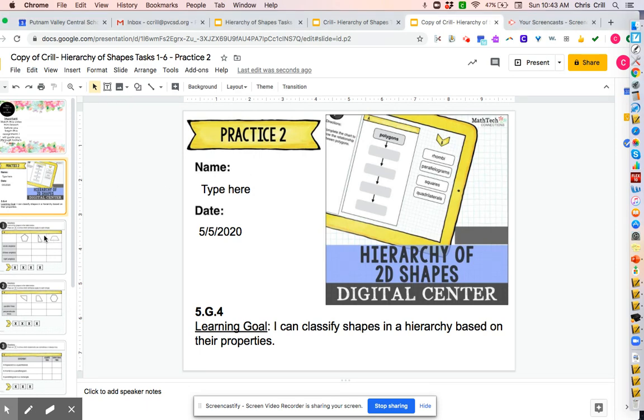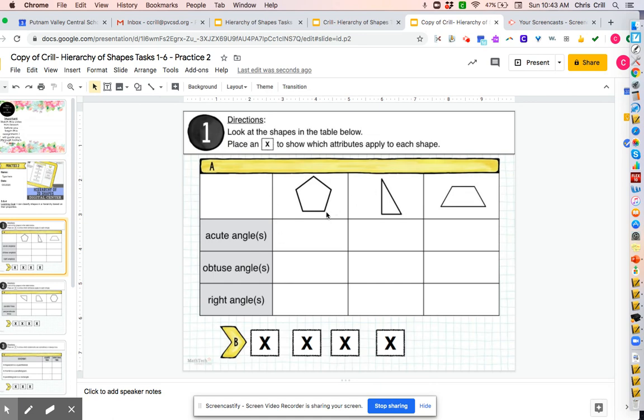It should look familiar as we completed one like this yesterday. So we're going to be taking a look at the different angles that these shapes have. These shapes are not all quadrilaterals, but if you recall, when we sort or classify two-dimensional shapes, we're either looking at the type of angles the shape has or their sides.